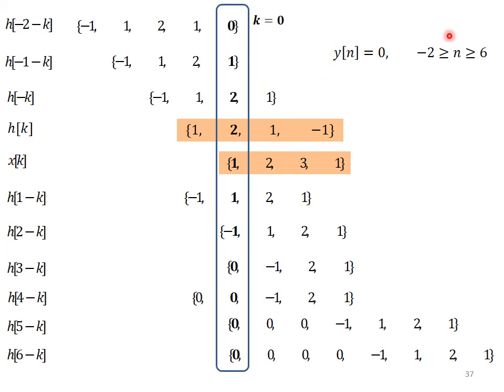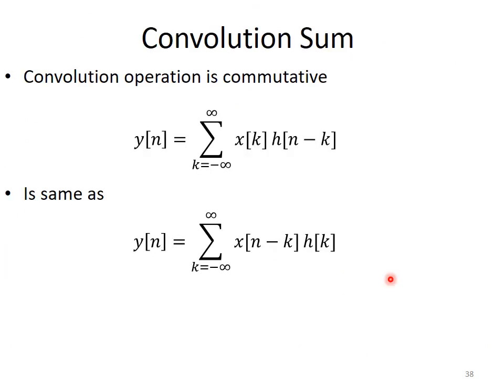So in this particular example you can only compute the response of the system as long as n is between minus 2 and 6, because we know for values other than between minus 2 and 6 the response is 0. So no need to spend time to calculate 0 samples.